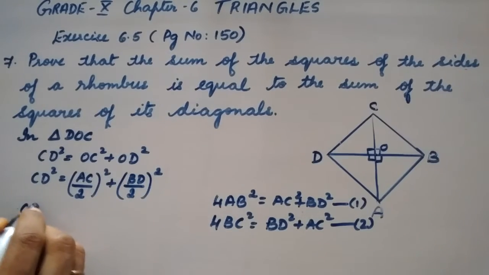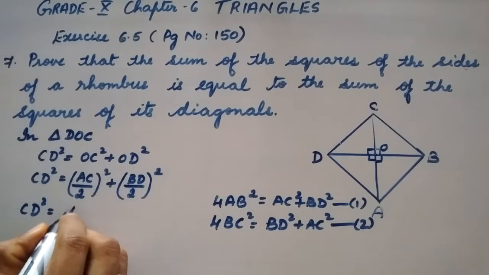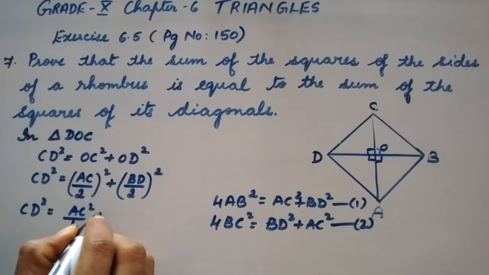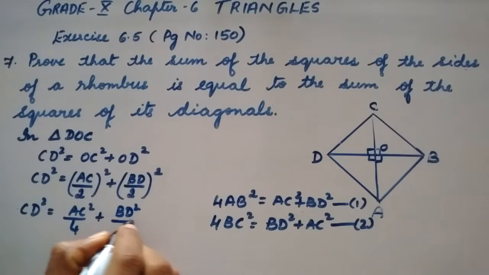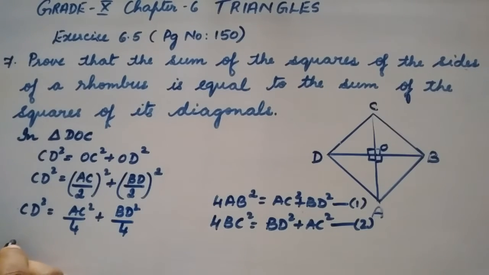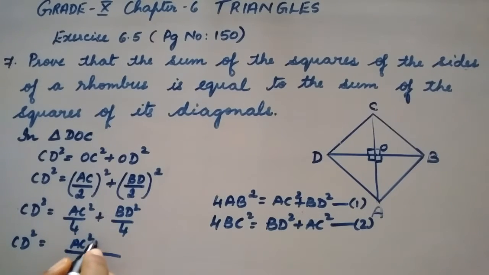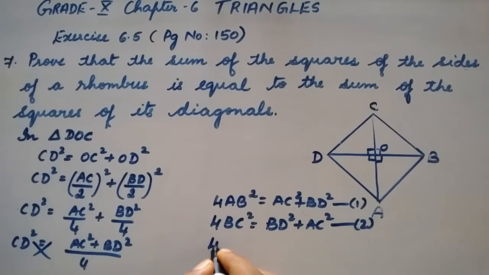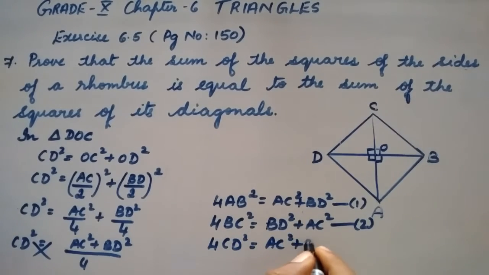So CD square is equal to AC square by 4 plus BD square by 4. Let us take the LCM, you get AC square plus BD square, and then cross multiply, you get 4CD square is equal to AC square plus BD square. Take this as 3.